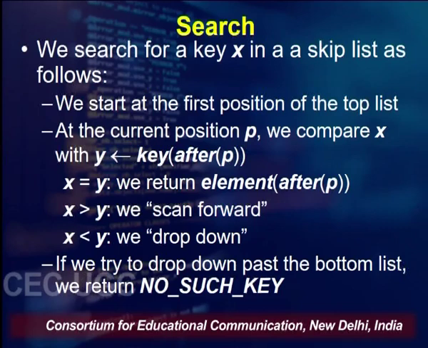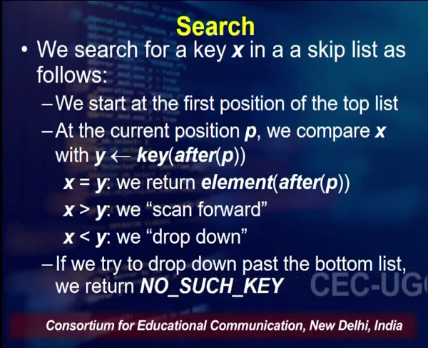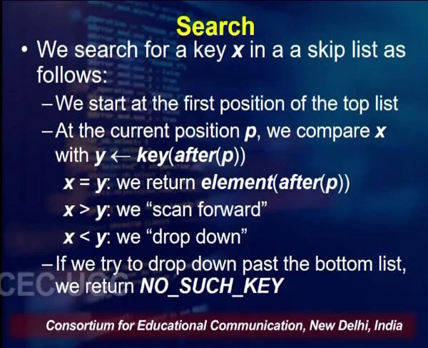That means the element which we are looking for, our key X, is greater than the key Y, which is after the position of the current pointer. And if X is less than Y, we need to drop down, and if we try to drop down past the bottom list, we will return no such key.